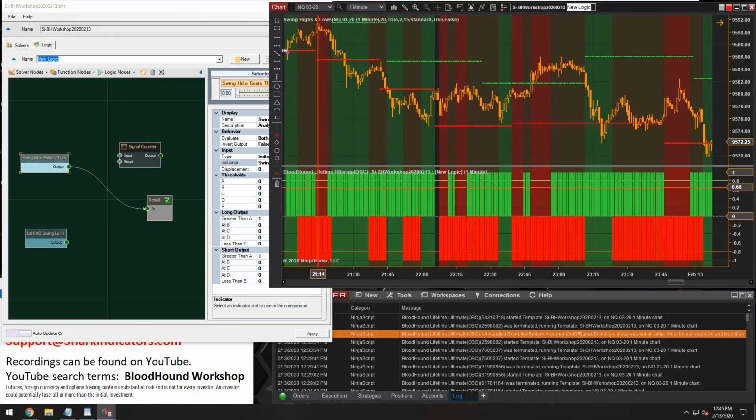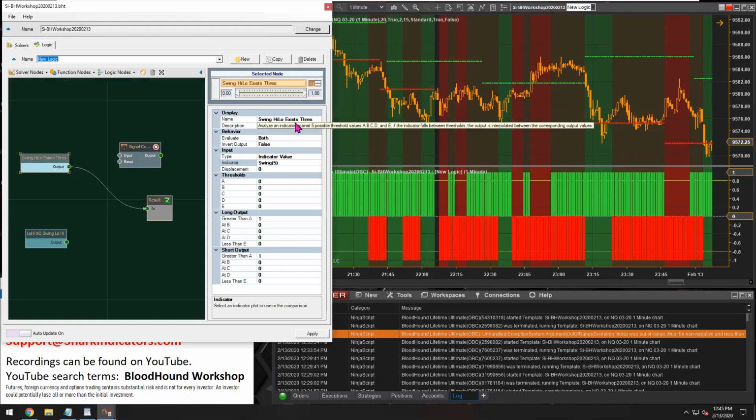And sometimes the swing high plot doesn't exist, and so therefore there's not going to be any output if the swing high plot does not exist. Now, I don't have the swings indicator on my chart, but I just wanted to illustrate what this threshold solver is doing. It's simply identifying whether the plot exists or not.